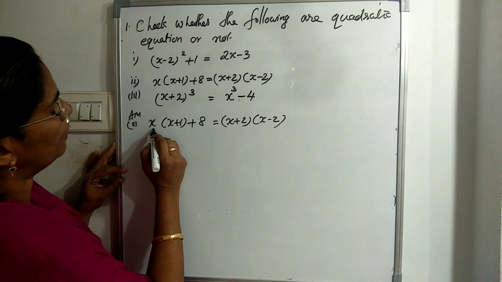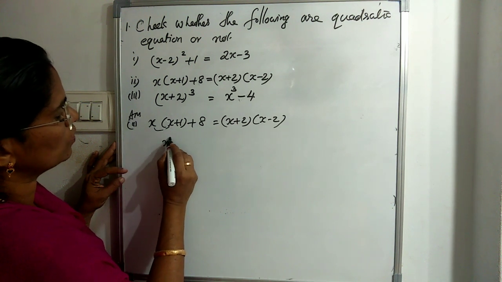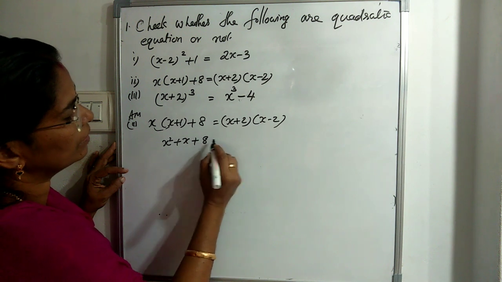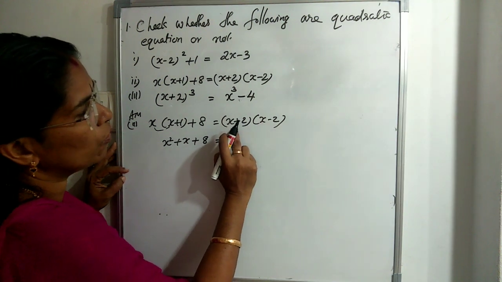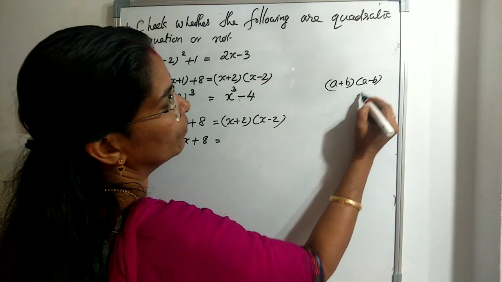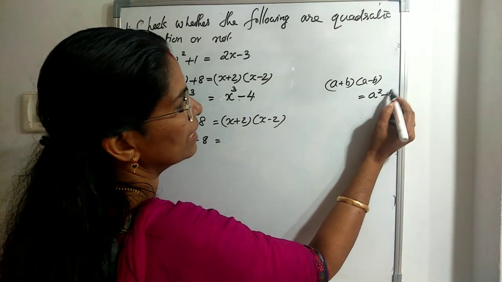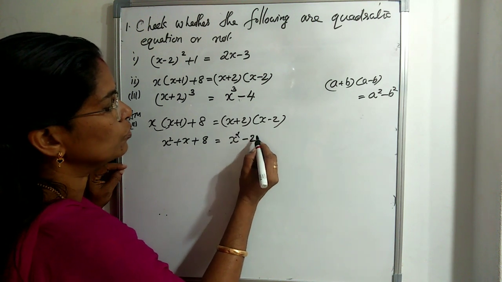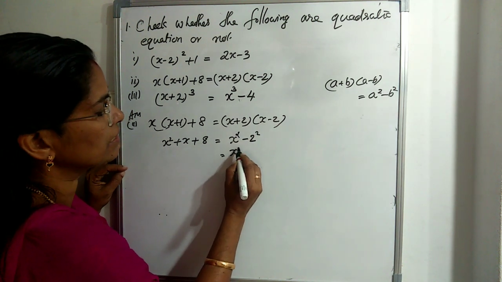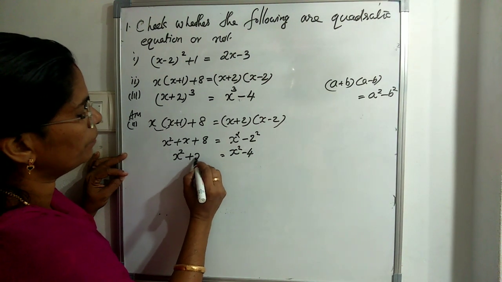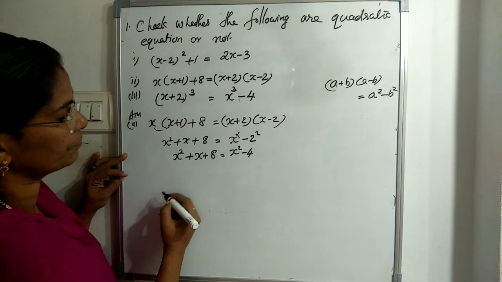First multiply x with x, x square, x with 1 plus x, plus 8 on the left side. The right side is in the form a plus b into a minus b. The identity we are using is a square minus b square. Here it becomes x square minus 2 square, or we can write it as x square minus 4. On the left side it is x square plus x plus 8.